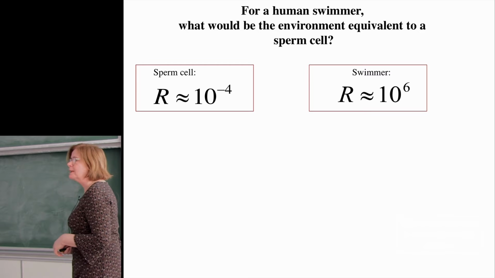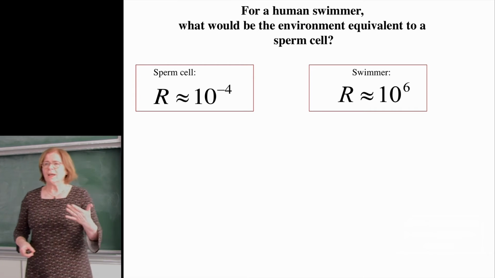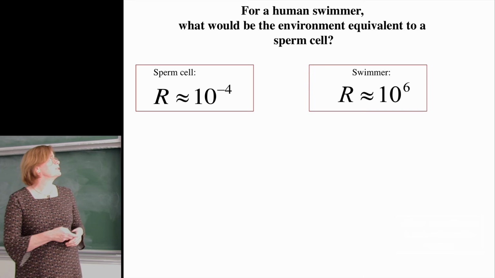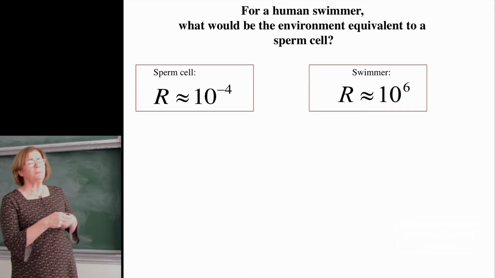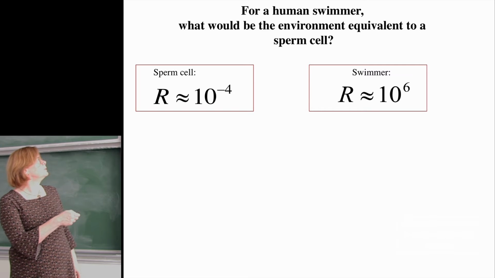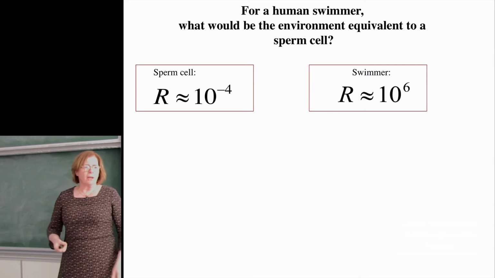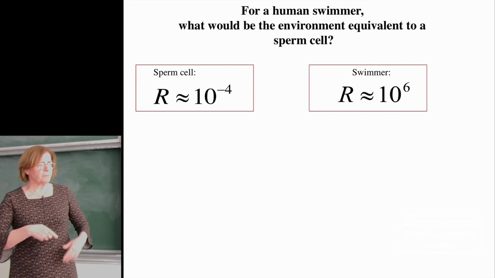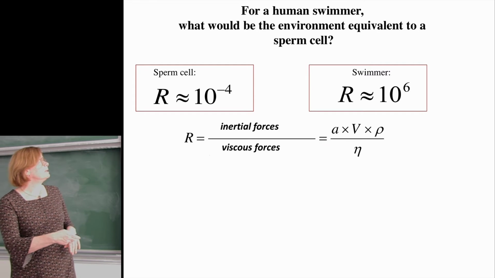Just because in biophysics lots of people tend to do anthropomorphism, I would like you to do this exercise of knowing in which hydrodynamic conditions you should be put to feel the same medium as our own sperm cells.